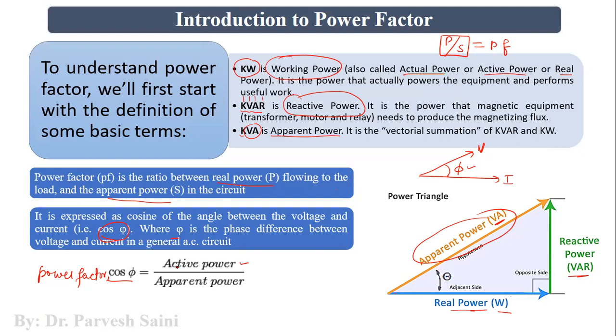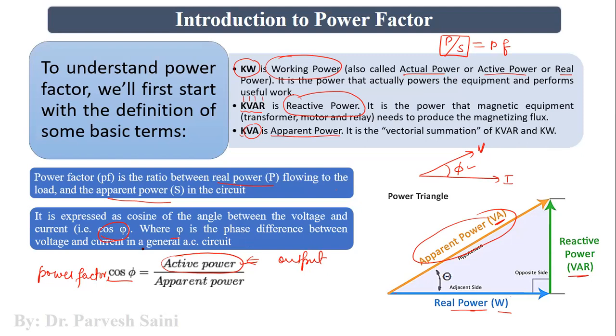Now this power factor plays a very important role in AC circuits, right? If you have understood it clearly, you will see that this is the output. That means the power which is actually dissipated, actually utilized by the load.